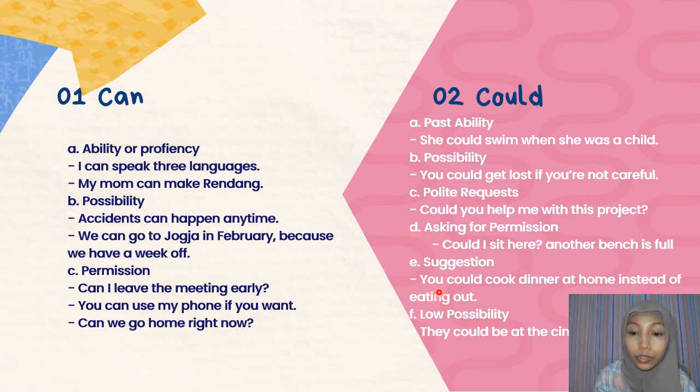For example, you could cook dinner at home instead of eating out. Could can be used to express a small possibility of happening, but does not always indicate small possibility. For example, they could be at the cinema right now.